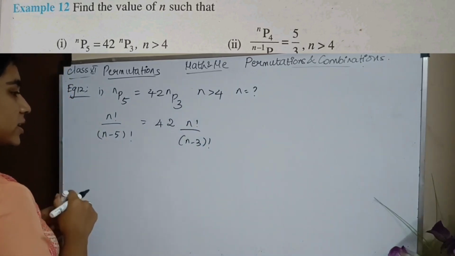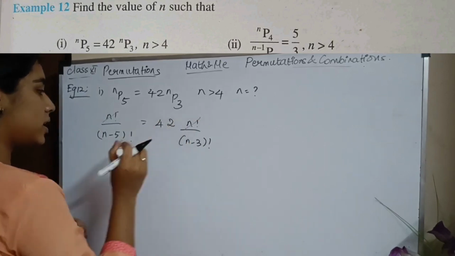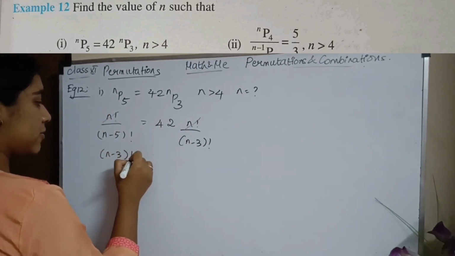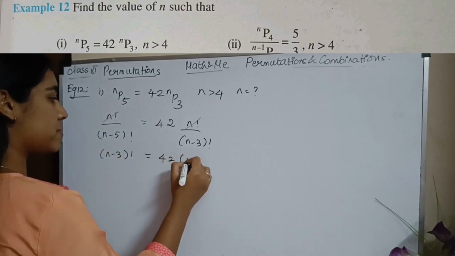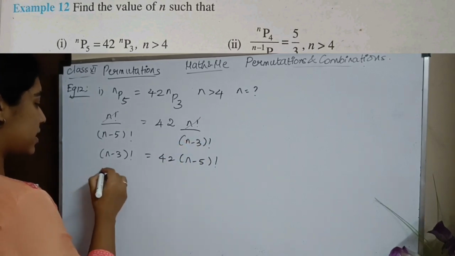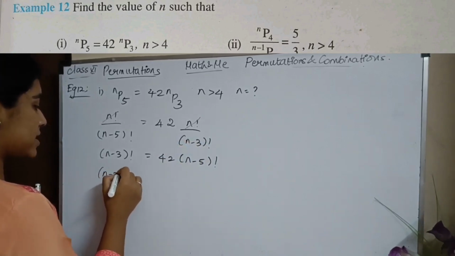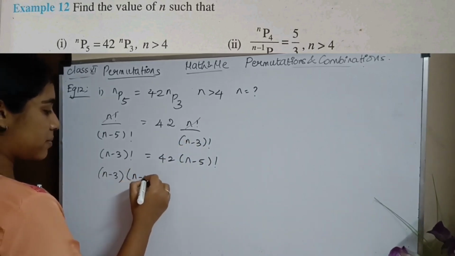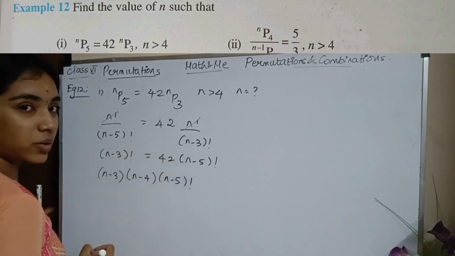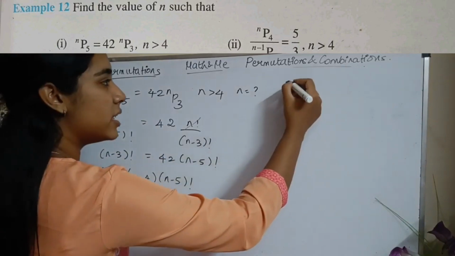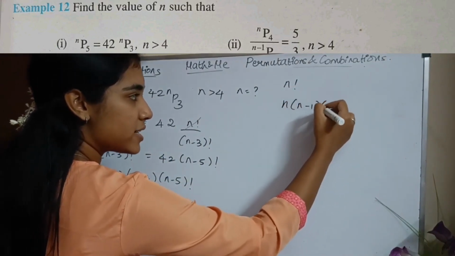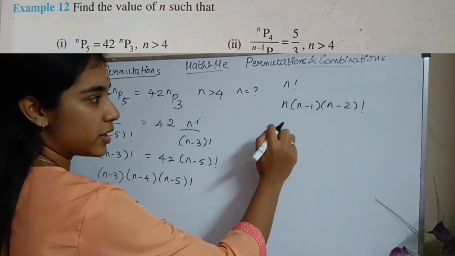I can write this as, okay, the n factorial and the n factorial get cancelled. When I cross multiply, I'll have n minus 3 factorial equals 42 times n minus 5 factorial. Okay? So how can we write this? This I can simply write as n minus 3 times n minus 4 times n minus 5 factorial. Correct? Now when you have n factorial, this can also be written as n into n minus 1 into n minus 2 the whole factorial.